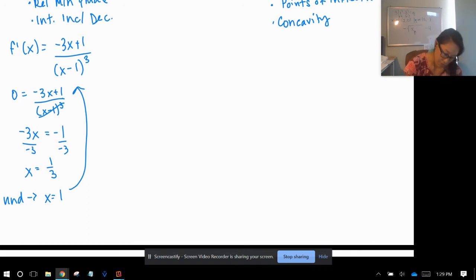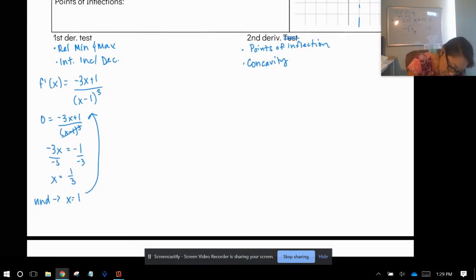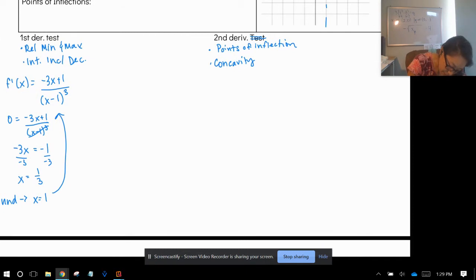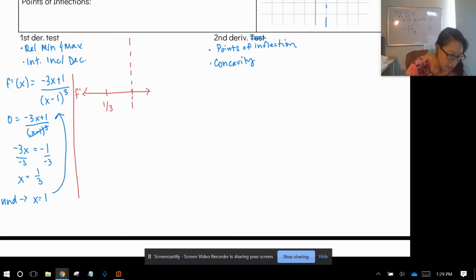So 2 critical numbers. I'm going to go ahead and graph my number line. I have f prime. I have a critical number at 1/3, a 0. And at 1, I have an asymptote. So I'm going to go ahead and graph that in.